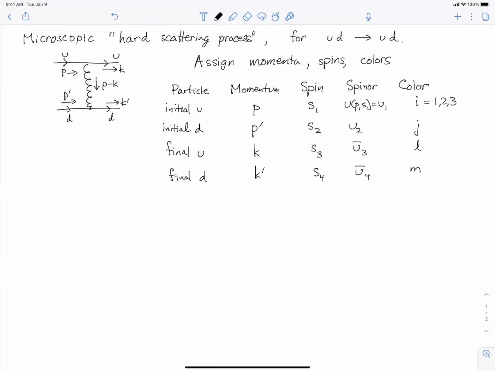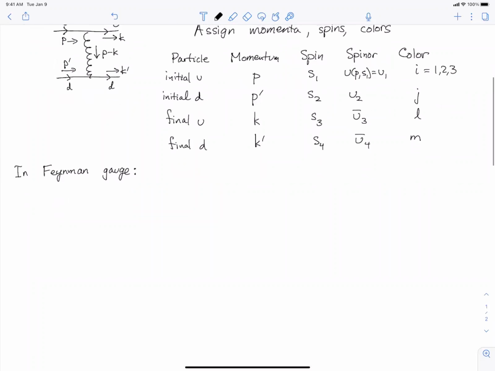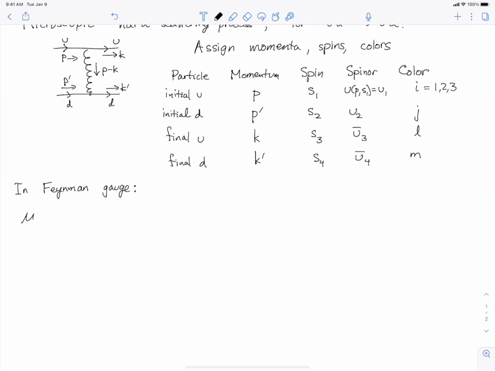All right, so we've written down the information about the particles, we've drawn the Feynman diagram, and now we can write the matrix element, the reduced matrix element, in Feynman gauge. That's going to affect what we write down for the gluon propagator. Okay, so here it is. Reduced matrix element is, we follow the up quark line and we get u bar 3 minus i g3. That's the value of the QCD coupling, traditionally called g3 or sometimes gs for strong. And then there's a gamma mu factor.